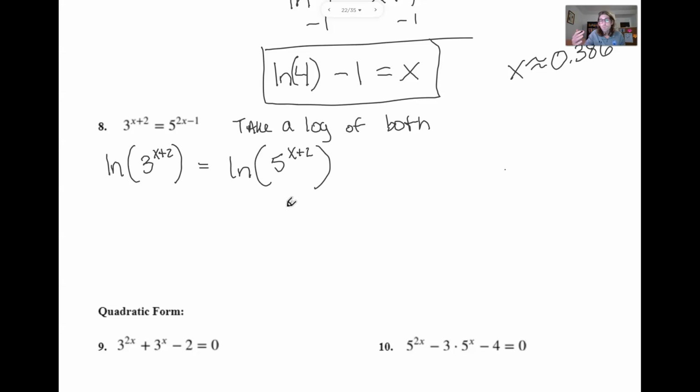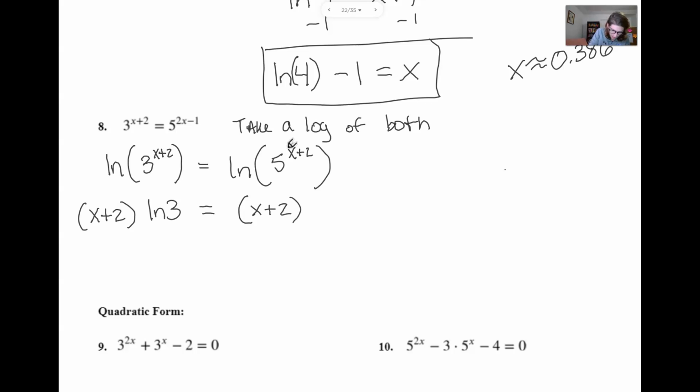Now, why would I do that? That has just made more stuff appear. You have to think about what our log properties are. Inside of a log, if we have a number raised to a power, what can we do with that power? We're going to use our log property of exponents to bring that exponent down to the front for both of these.